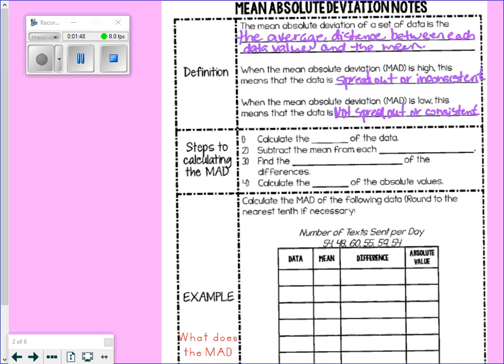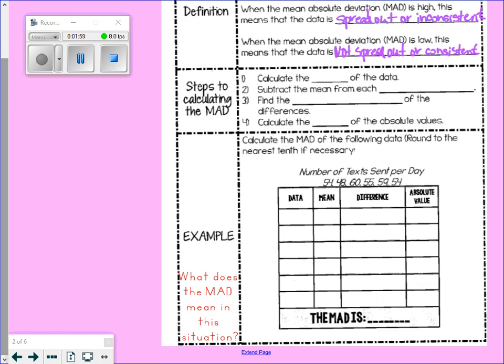So thank you. All right, so there are some steps to calculating the MAD. As we fill in each step, we're going to do the example down here, okay? So first step, calculate the mean of the data. We are going to calculate the MAD of the following data.